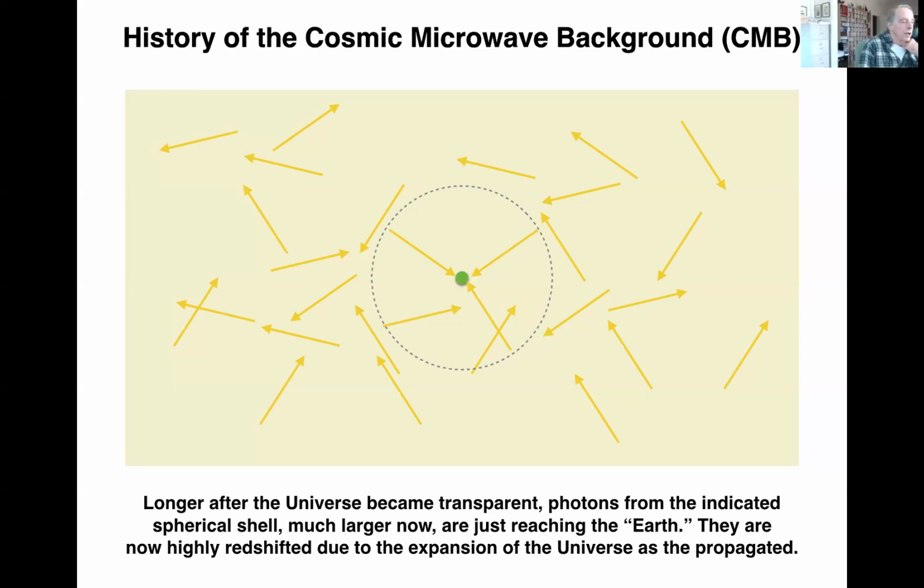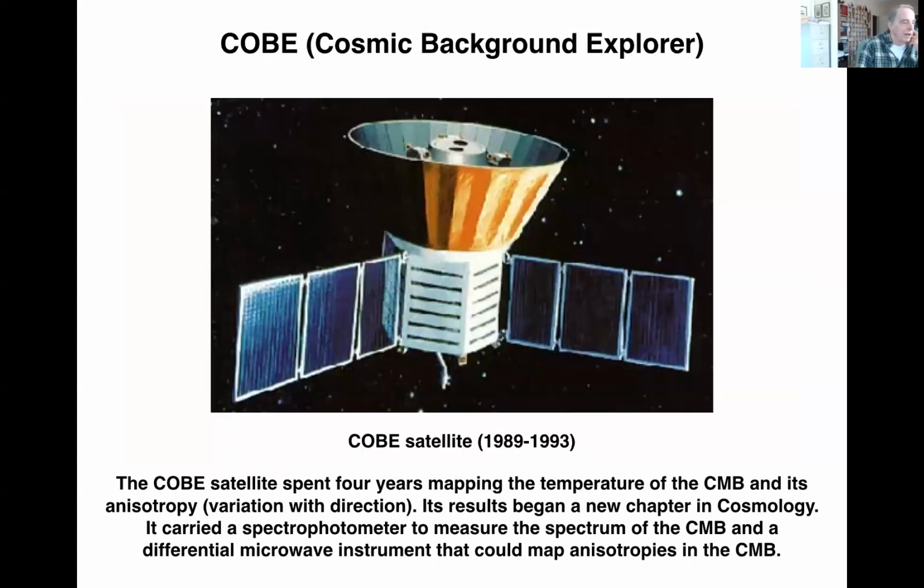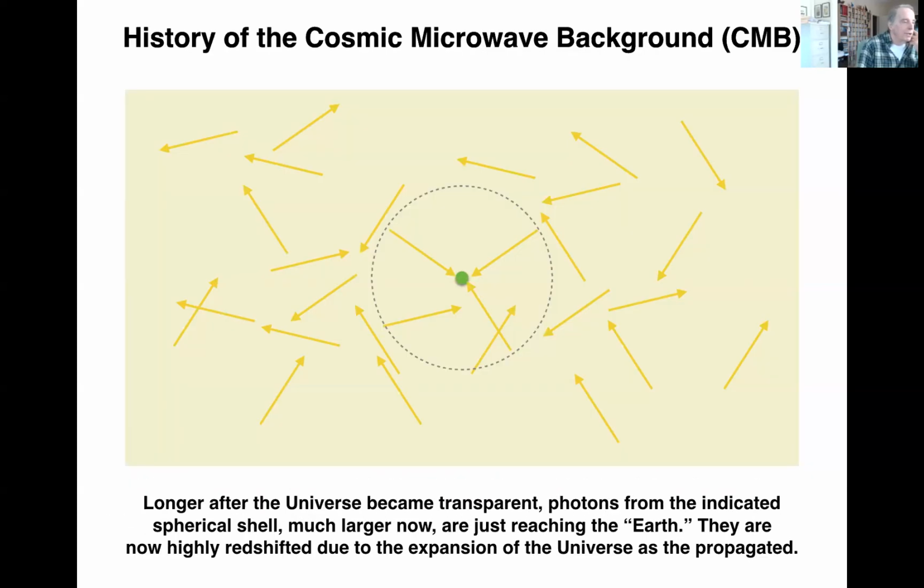Yeah. So, of course, in the meantime, the universe is expanding all the time. So these photons are coming towards the Earth, but the universe is expanding. And that causes the photons to be redshifted. Okay.